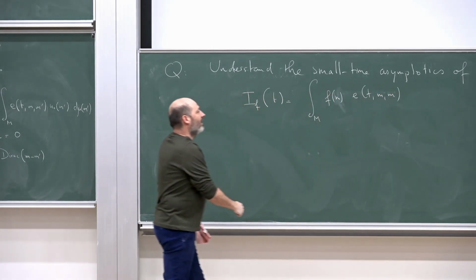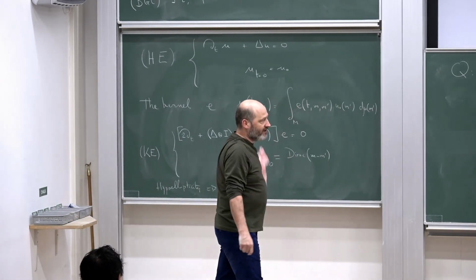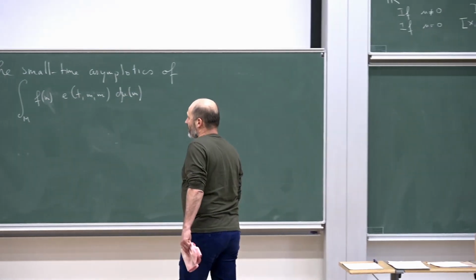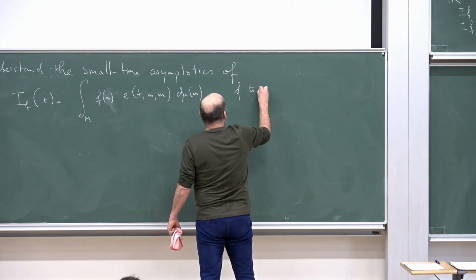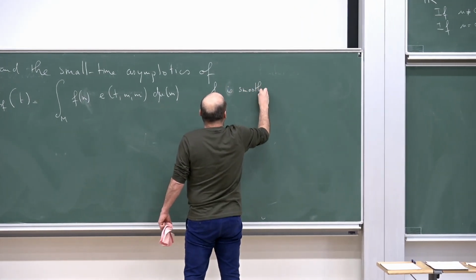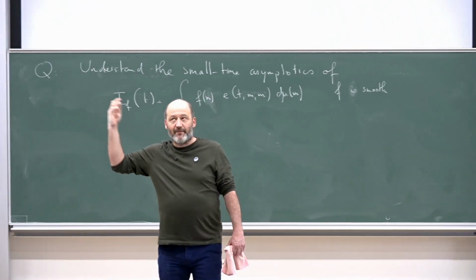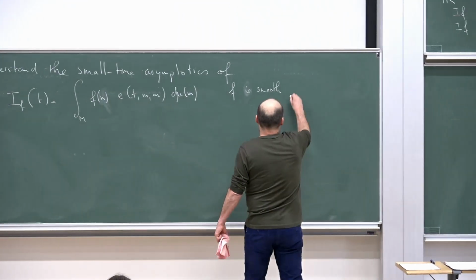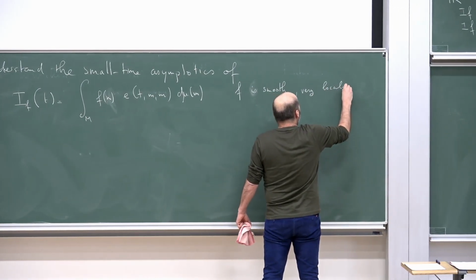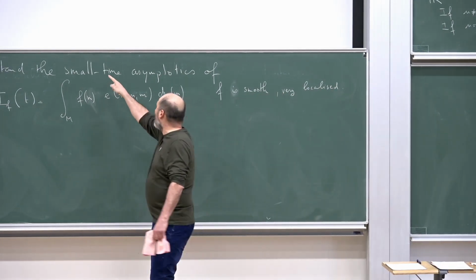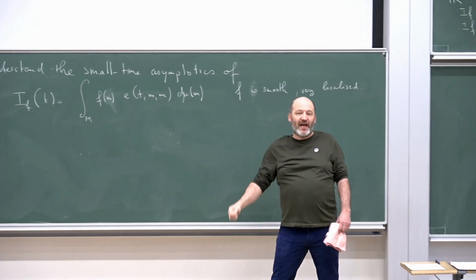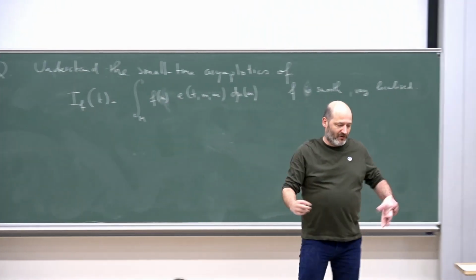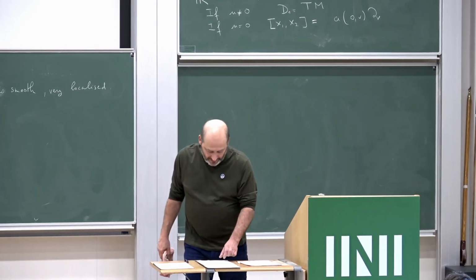So I restrict my kernel to the diagonal, so it is good to know that it is smooth, and I integrate with respect to the measure, with f smooth. Using a partition of unity, since my manifold is compact, I can restrict to thinking of f as very localized near a point. What I mean is that if I know how to compute the small time asymptotics for any f localized at any point on my manifold, then I will know it for any f no matter what.